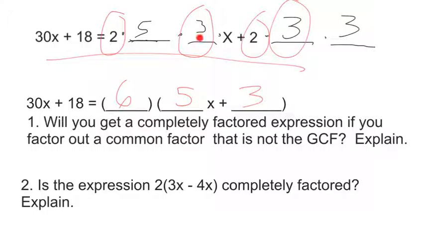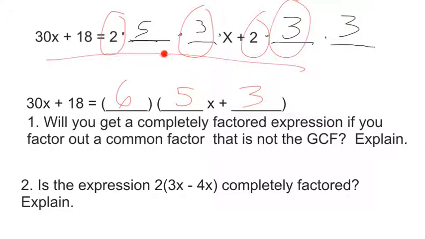Any questions on that first part there? Yes? I didn't get what you did for the second. How I got from here to here? Yeah. Okay. Do you understand why I circled these things? Why I circled these and these? Okay. This 2 and this 3 form the GCF. This is the GCF. I've pulled that factor out. What we're doing is kind of a reverse distributive property.